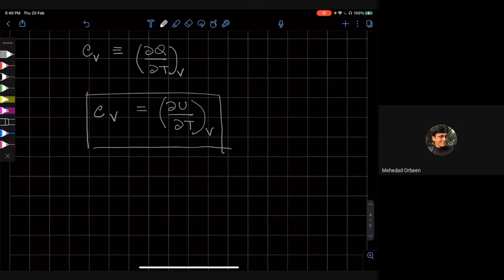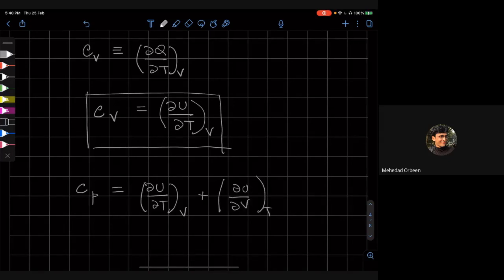The second heat capacity is the heat capacity where pressure is kept constant. And there is really no simplification there. The first term remains, and the second term also remains. The only thing that changes here is that now we can just think of it as a partial derivative.